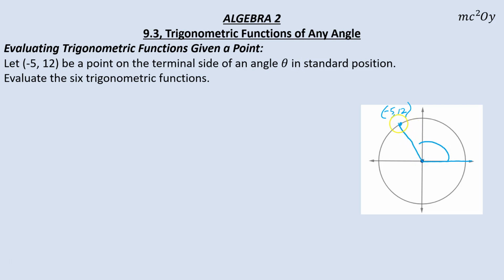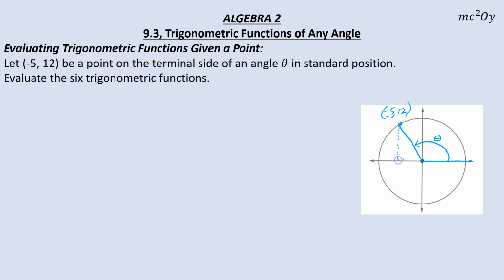That would give me my endpoint right there. So here's angle theta. I get to negative 5, 12 as a coordinate on my circle.